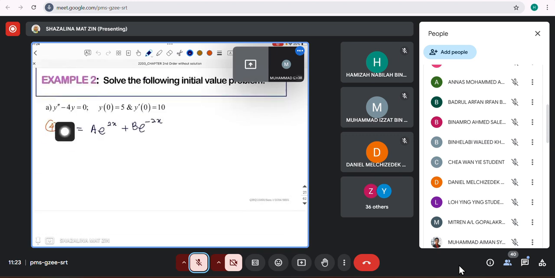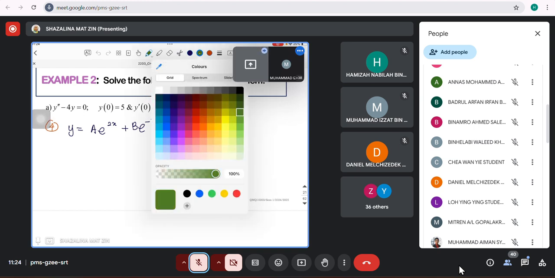Okay. For step number 4, we have the A and B. Based on step number 5, if you are given conditions, it means you need to find the value of constants A and B. So before we proceed, we need to analyse the conditions.